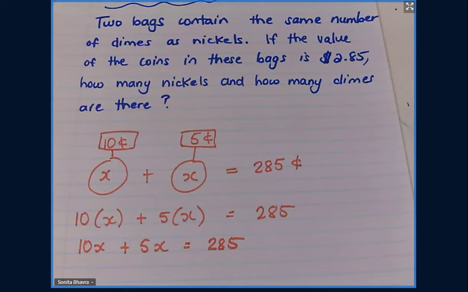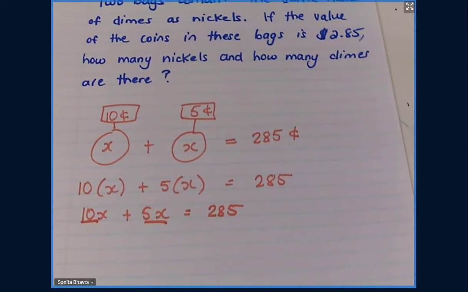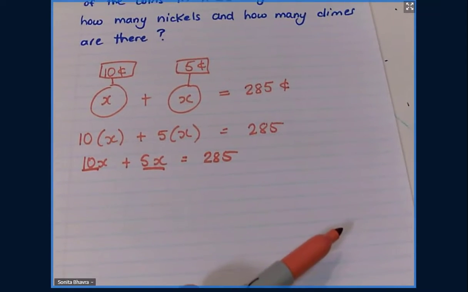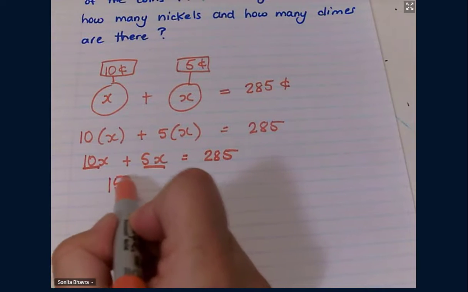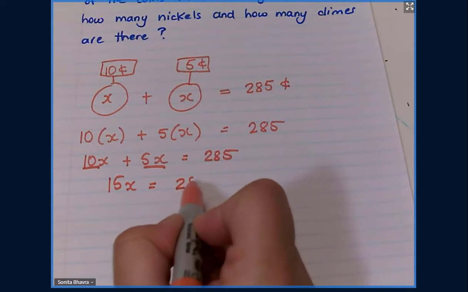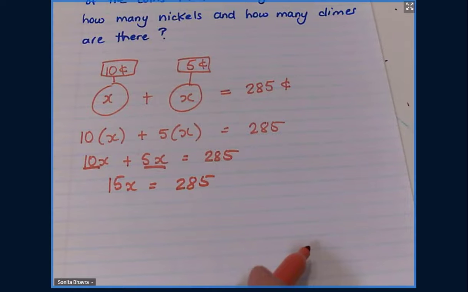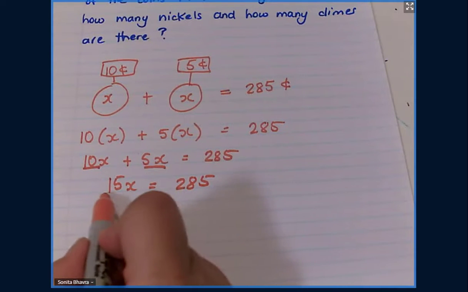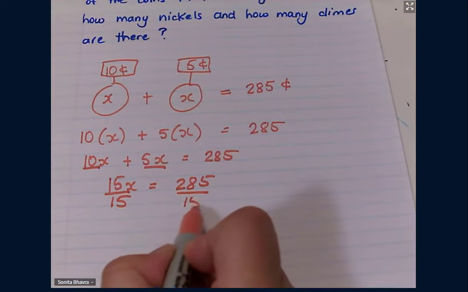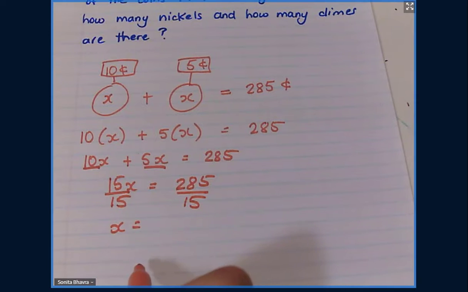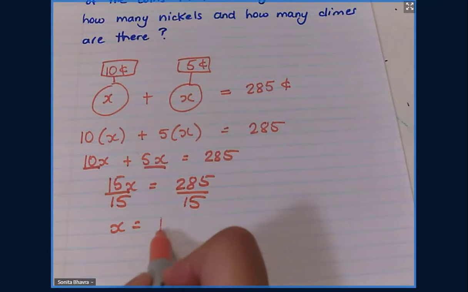Okay, and we can collect our like terms, the 10x and the 5x together. That becomes 15x. So 15x equals 285, and we'll divide by 15 on both sides, and we get x is equal to 19.